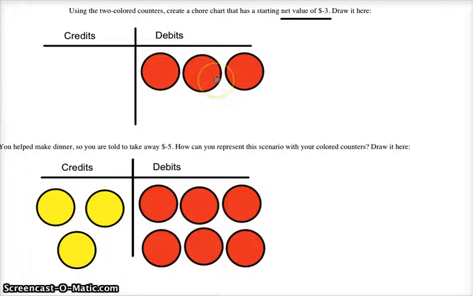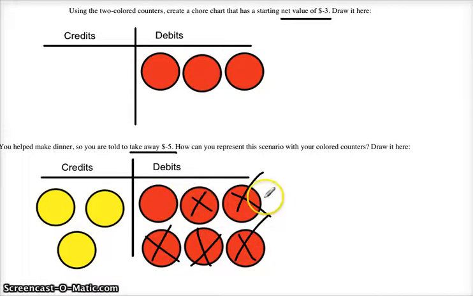with just -3, then I would have to add these 0 pairs, these credits to these debits, so that way I can take away, right? Take away -5. So I'm taking away 5 red ones. Took away 5 red ones, so I said I have a net value of -3, and now I want to take away a -5.